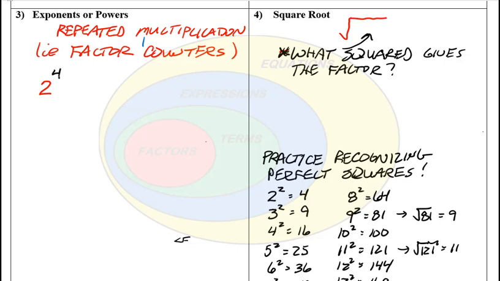And again, it is an operator, it changes the value of this factor. It actually represents 4 factors of 2. So if we rewrote this, we would write it as 2 times 2 times 2 times 2, or 4 repeated factors of 2.